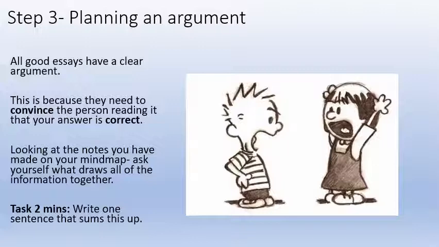And then write one sentence that sums this up. So if you've come up with the idea that it's poverty that makes people behave badly, then there's your answer. If you think it's, I don't know, jealousy, then there's your answer. But that'll be the basis of your argument.